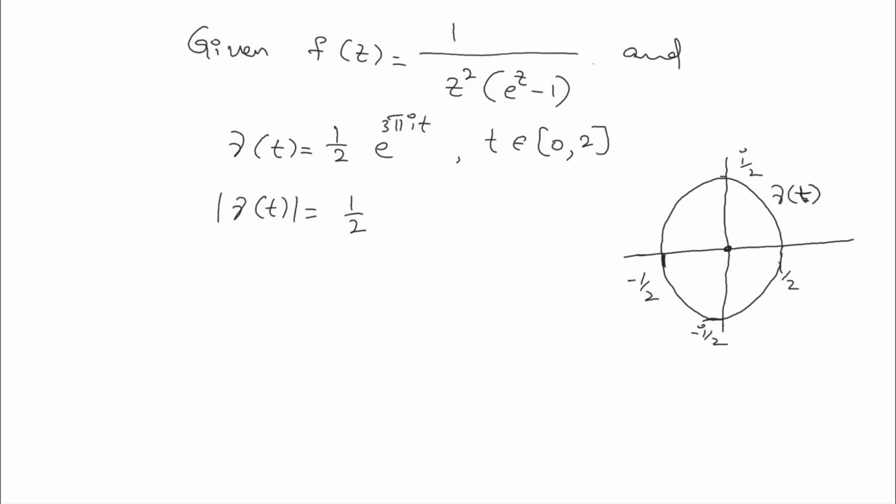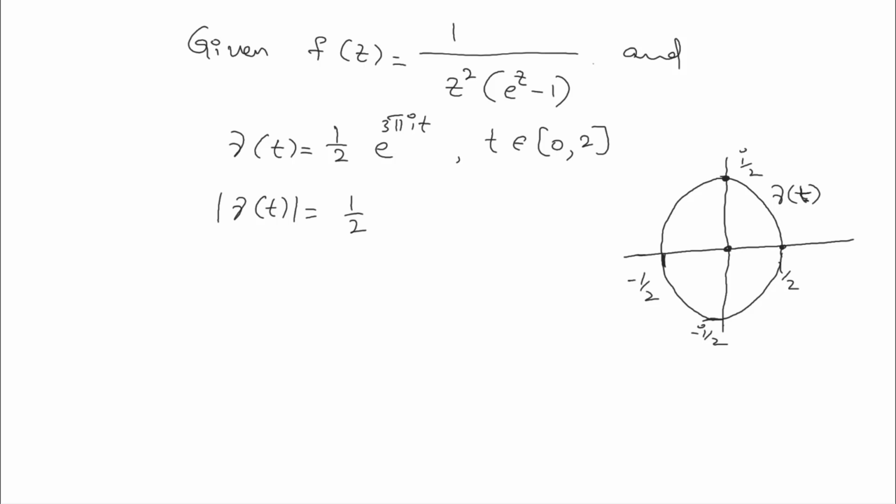But the question here is in which direction it goes, either clockwise or anti-clockwise. One can check that by taking the values of t from 0 to 2. By taking t equal to 0, you get gamma of t as half, that means this point. When t is pi by 3, you get gamma of pi by 3 as minus i divided by 2, that means this point.